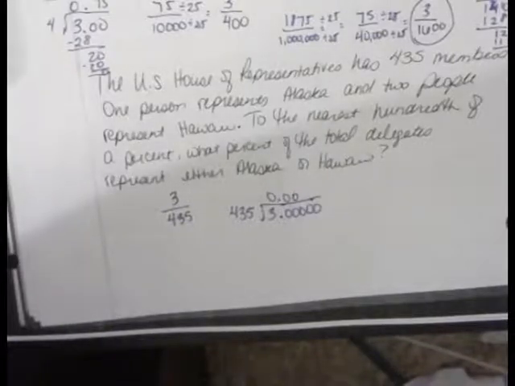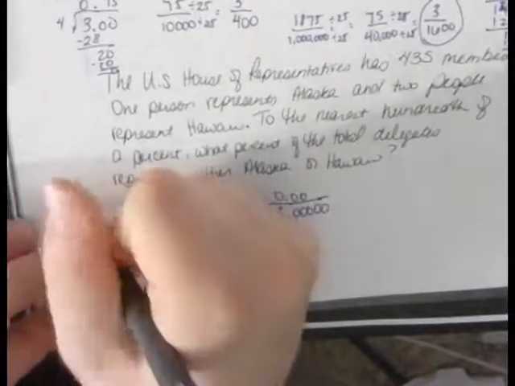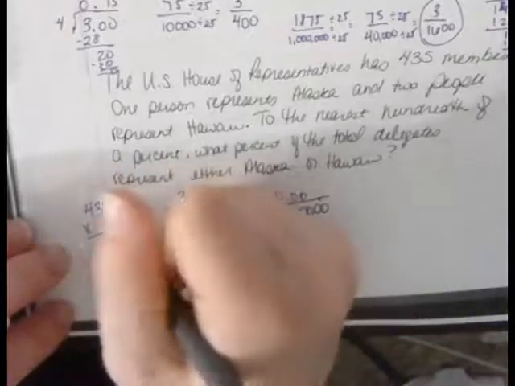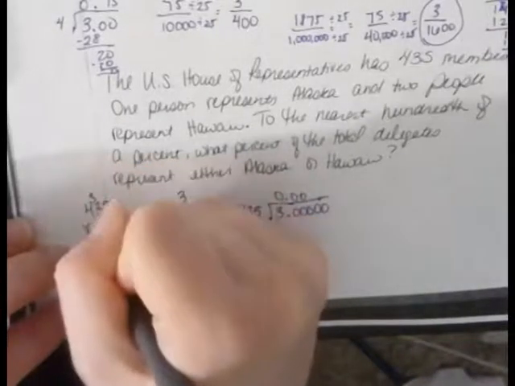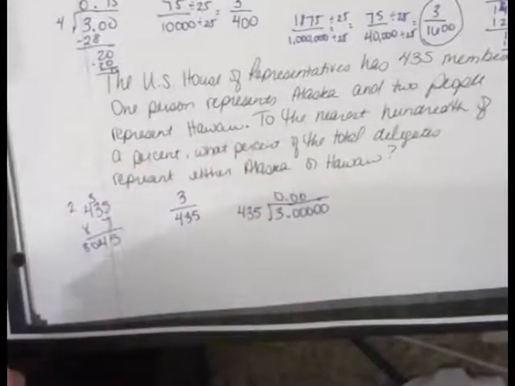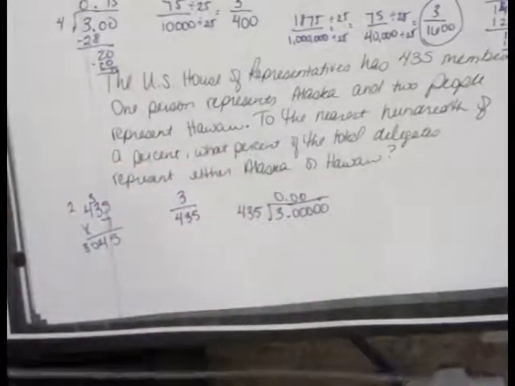I like to start lower, so I'm going to do 435 times 7. 5 times 7, 35. So that gave us 3,045, which is too big. So now we know we need to go smaller.